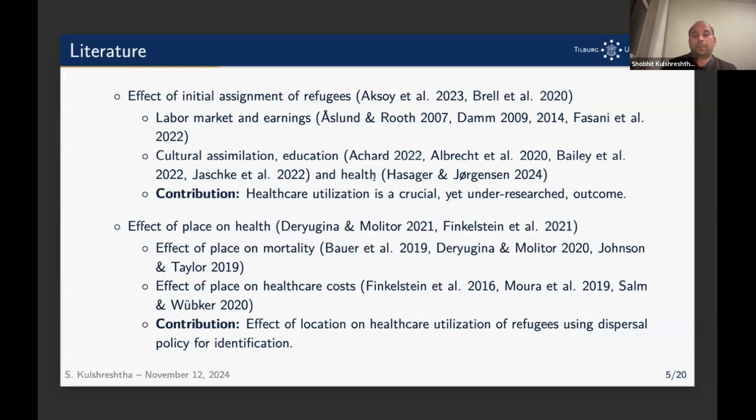But as I mentioned earlier, this is a very understudied research question, and that's why I wanted to explore this even further and understand how the location or the dispersal policy can actually impact the healthcare utilization of refugees as well.